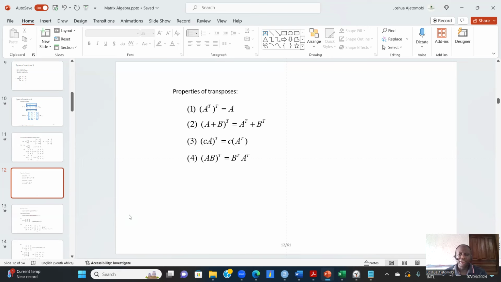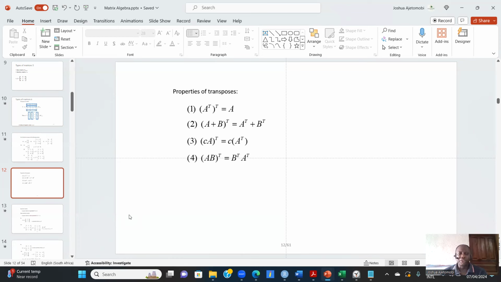If you multiply a matrix by a constant, let's say C, and you obtain the transpose, it's the same as multiplying the transpose of the matrix by the constant. If you multiply two matrices, say A, B, and you obtain the transpose, it's the same as multiplying the transpose of the second matrix with the transpose of the first.